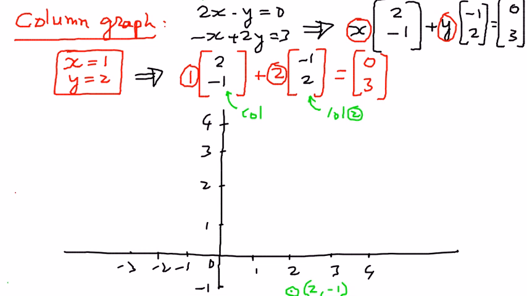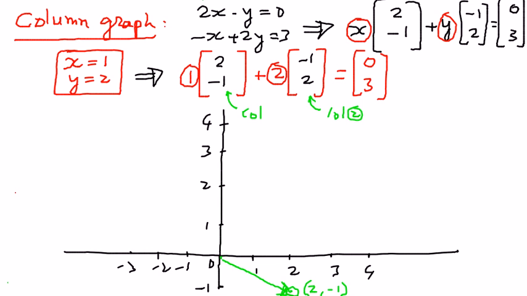Then I'm going to represent the second column, which is negative 1, 2. From the origin, I'm going to draw this line like that, and that is going to be a vector. The second point is negative 1, 2.